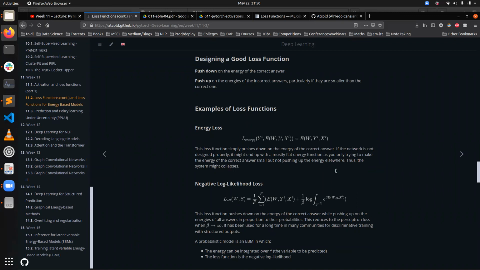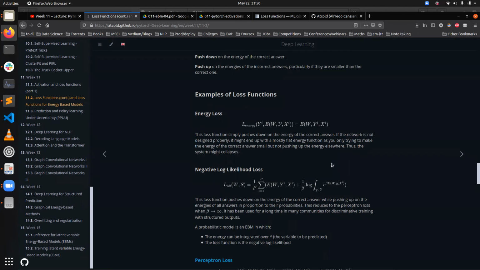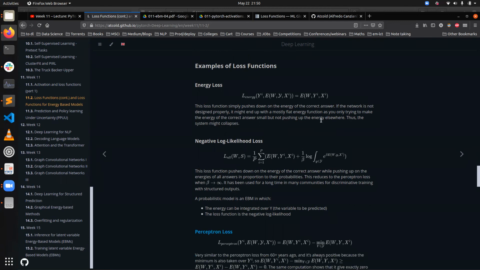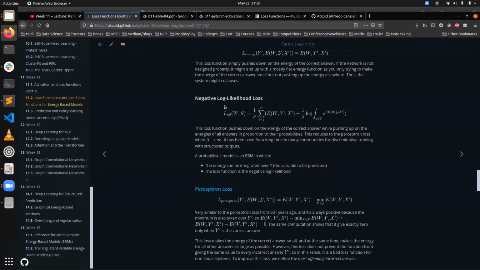There may be certain architectures where it's like that. So in certain cases, this simple energy loss works. And he also says that it is used in self-supervised learning. Okay, I think this one makes total sense. It's the simplest loss function that you can have when you are having an energy based model.